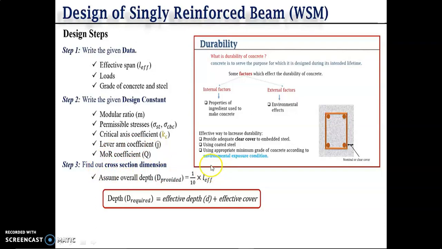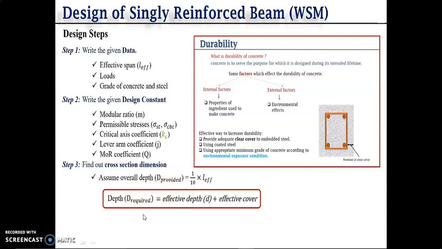Here you have some concepts for finding the provided overall depth, that is 1/10 into LEFF. Here the term is LEFF, which means effective span. It is discussed in our next slide how we find the effective span. So here we require depth: one is the provided depth and one is the required depth.